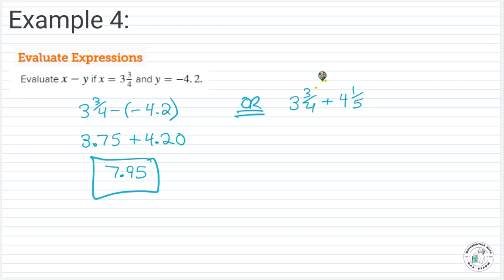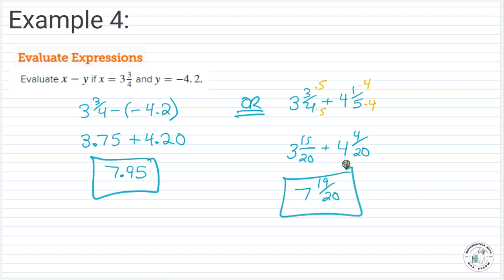So we would multiply each of these by 5, multiply each of these ones by 4. This is going to turn into 3 15/20 plus 4 4/20. And then adding that together, we get 7 and then 19/20, which is the same thing as what we got before, but again, in fraction form. So hopefully that helps you with subtracting rational numbers. Thanks for watching.